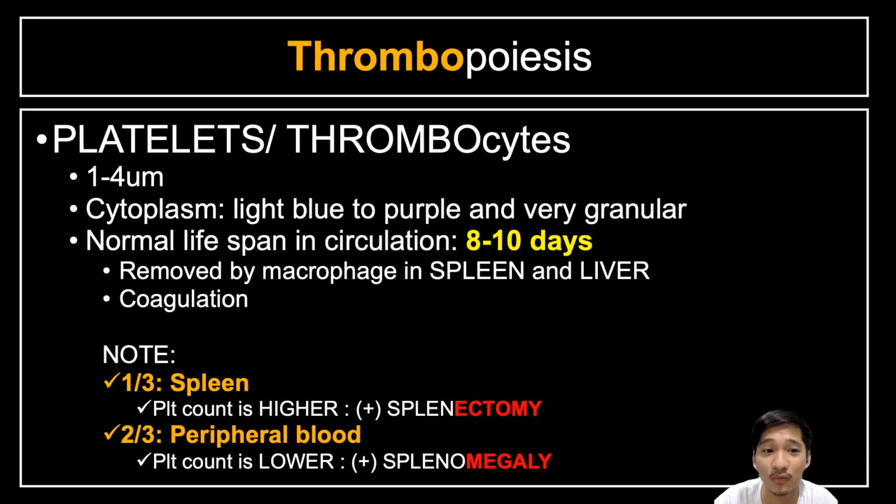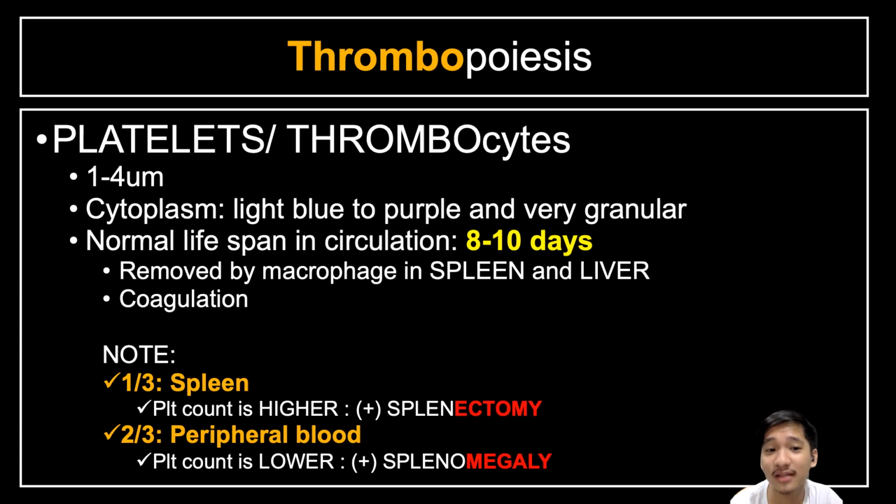Usually they measure 1 to 4 micrometers. They have a characteristic cytoplasm that is light blue to purple and very granular. So our platelets also have granules. The normal lifespan of a platelet in circulation, or in vivo, is approximately 8 to 10 days. So why 8 to 10 days only?